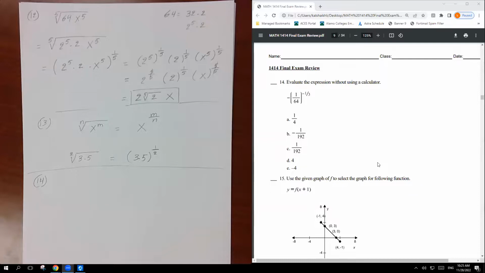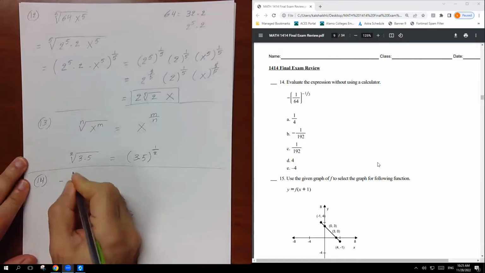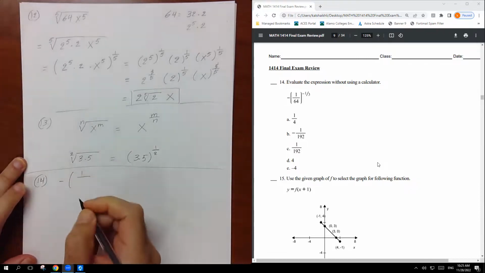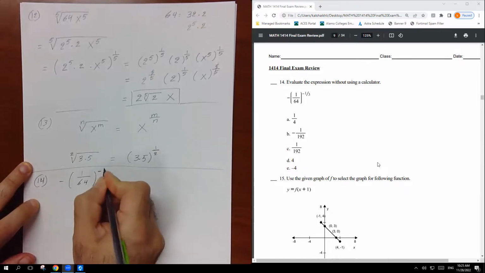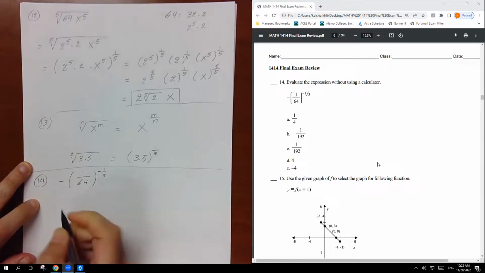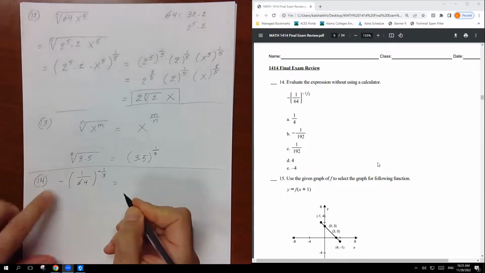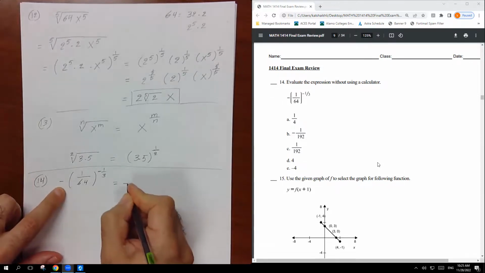Let's check number 14, how we're going to solve this one. We have negative 1 over 64 to the negative 1/3, without using a calculator. So I'm going to leave the negative sign out.